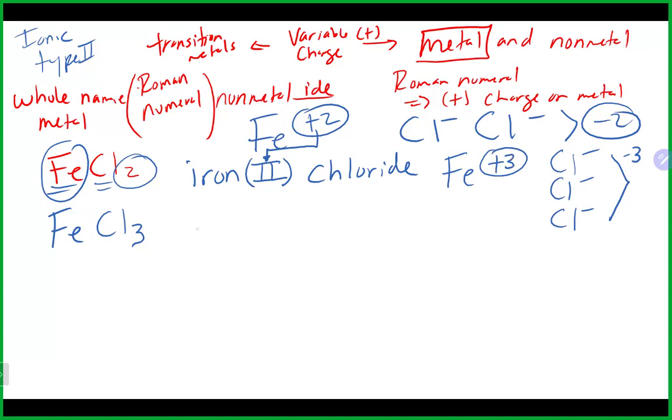We need to tell people in this particular case we're talking about iron with a Roman numeral of 3, or a charge of 3, and this would still be chloride. So we use the Roman numeral with type 2 metals to tell people what the positive charge is. You take one of the positive charges out, and that is what you should have there. The rest is pretty much just like the other one.